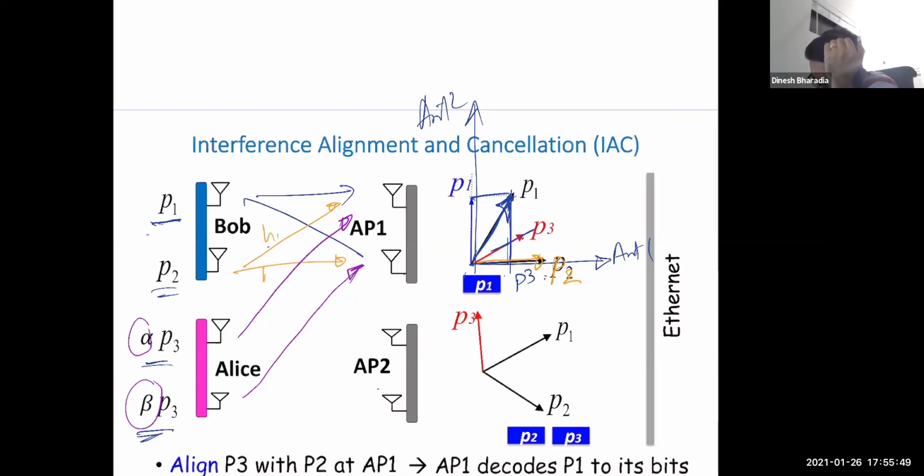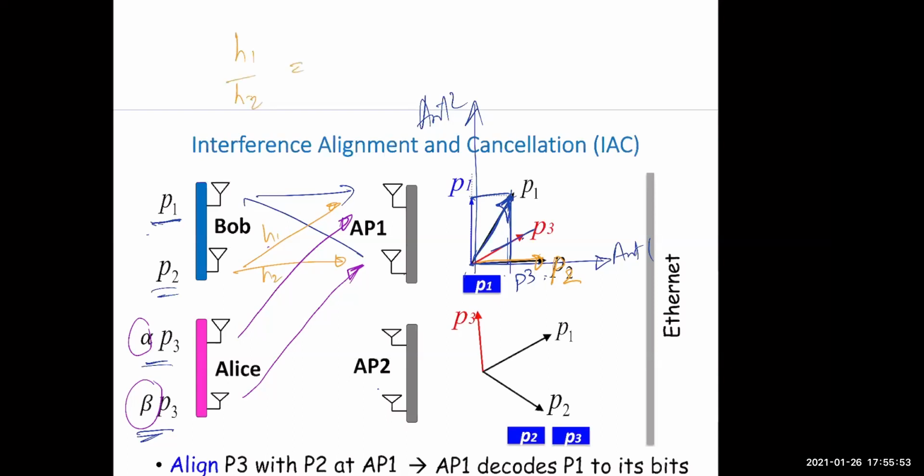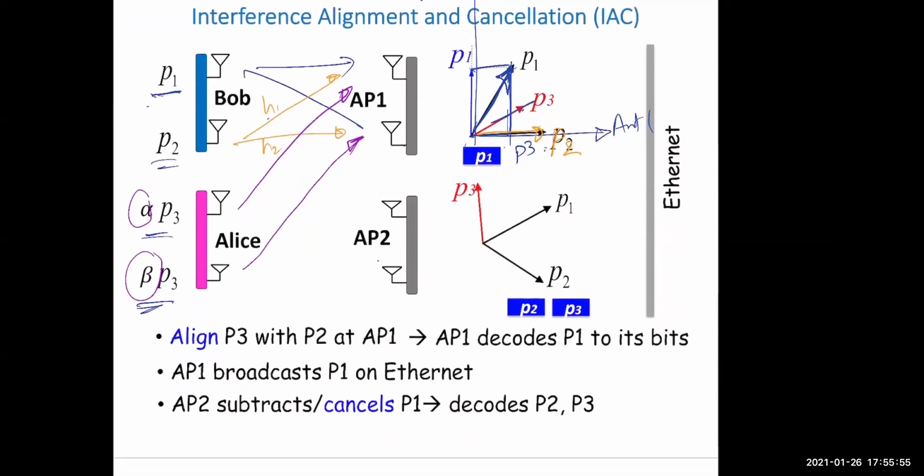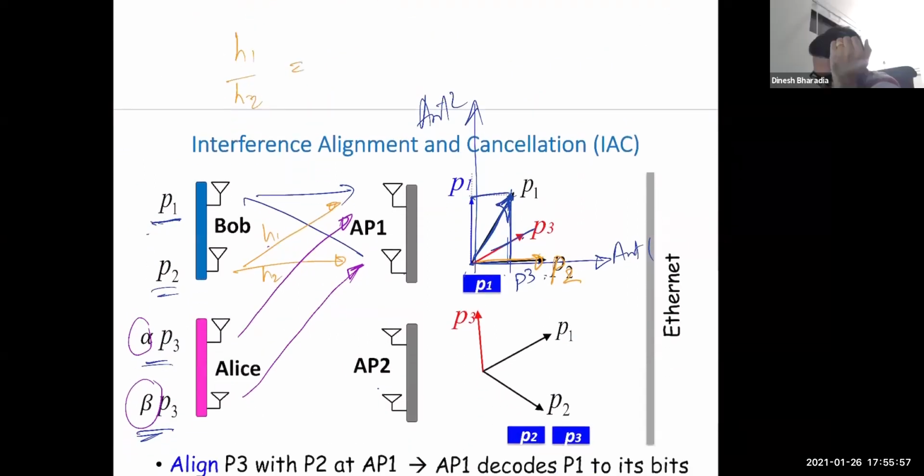So let's say this is your H1 and H2. You choose alpha and beta so that alpha and beta multiplied by, in this case, I'm going to write H3 and H4, right?